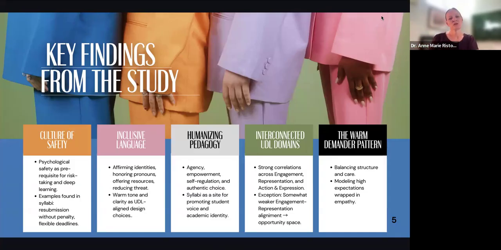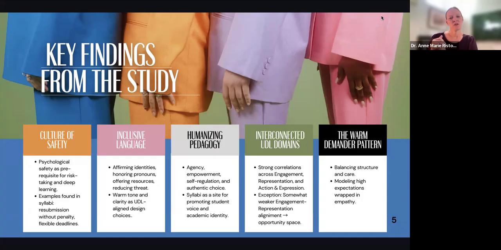When we looked at culture of safety, what really stood out was psychological safety as a prerequisite for risk taking and deep learning, and the role of the syllabi in setting the tone for that. Examples that we found were opportunities for resubmission of work without penalty, and flexible deadlines were a couple of the examples.